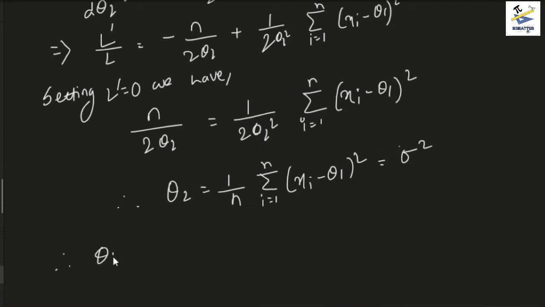Therefore we see that theta 1's MLE is just x bar, while theta 2's MLE is sigma squared, and this is how the likelihood is calculated.